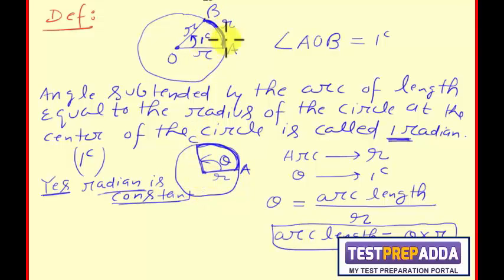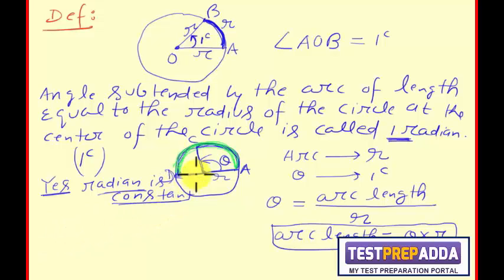When we take the arc length as r, the angle subtended will be 1 radian. Now, if I take this arc AD, for example, let me select another pen to understand this in a better manner. This arc length AD.